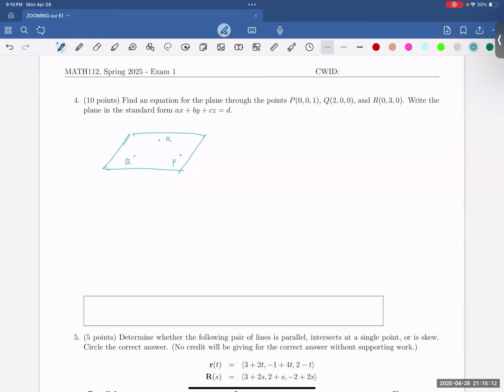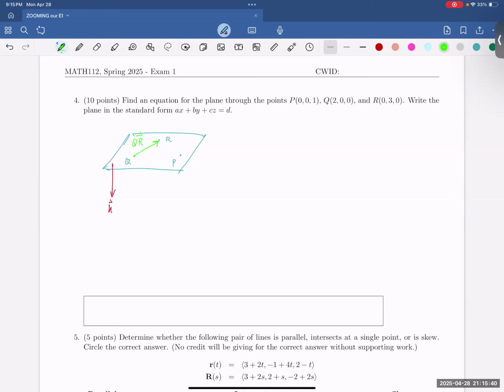To determine the plane, you need a point in the plane. You need a normal vector. To get a normal vector, a vector like this, we'll say, you need to take 2 of the vectors that are lying in the plane or parallel to the plane and cross them. So let's say we build vector, let's use bright green, QR. That's QR.